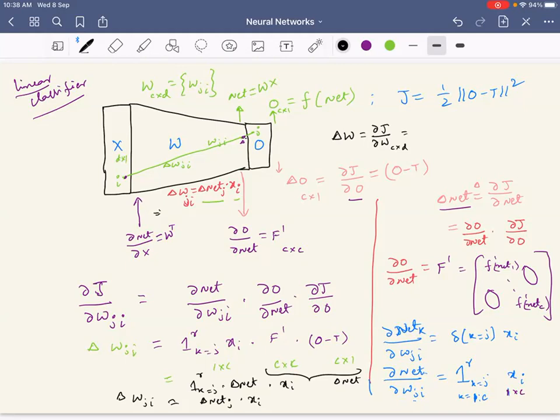For this W, what is the error at this end? Delta net. So which are the variables involved in delta W? Delta net and X, right?